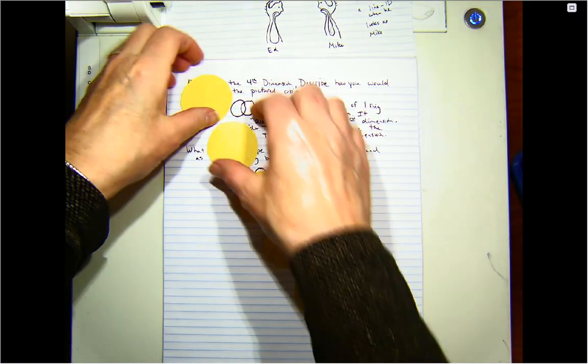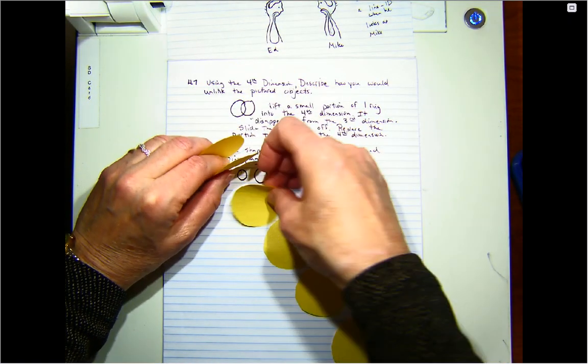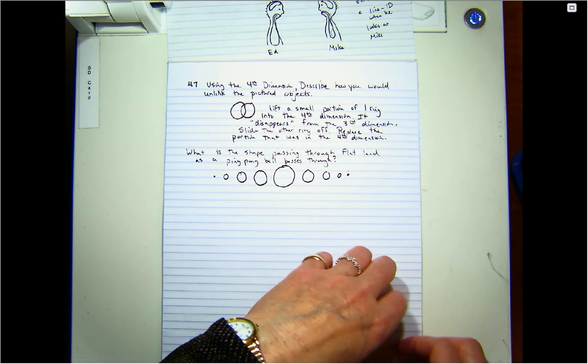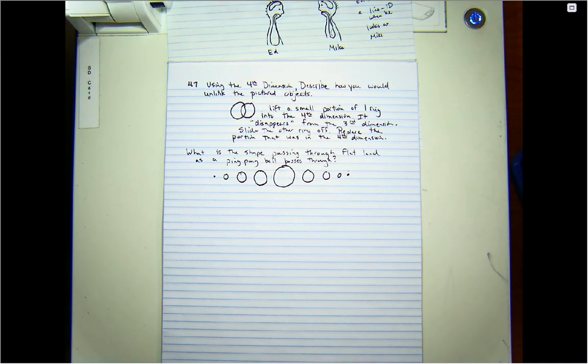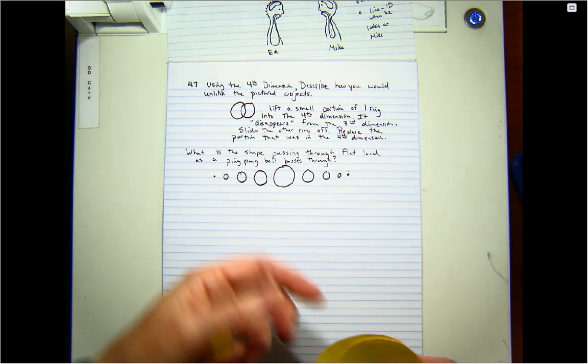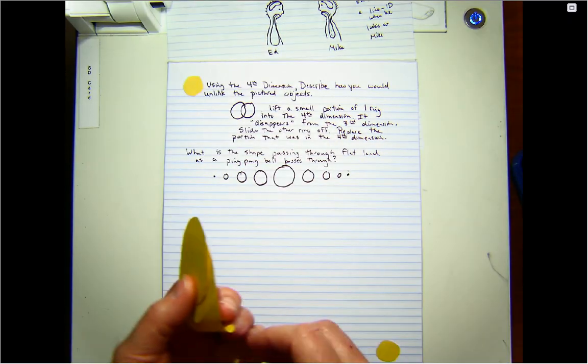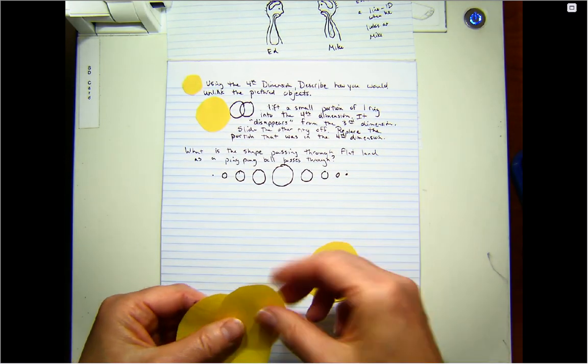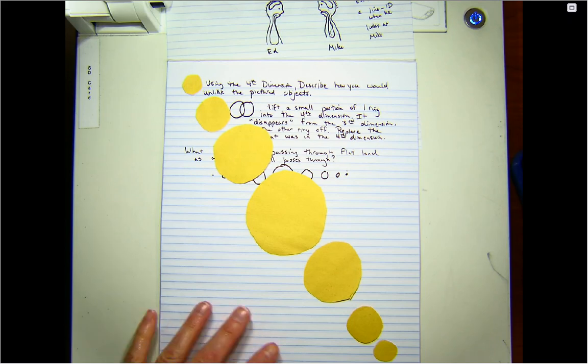So you can think of them all lined up like this, making a cylinder. Perfect. Let's try another one. Okay, so what shape was this cheese if it was cheese?